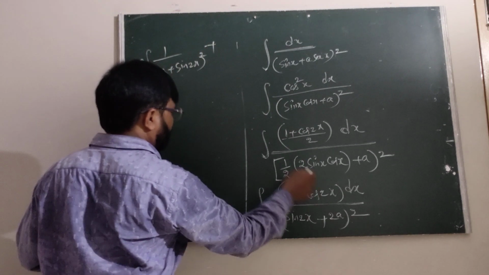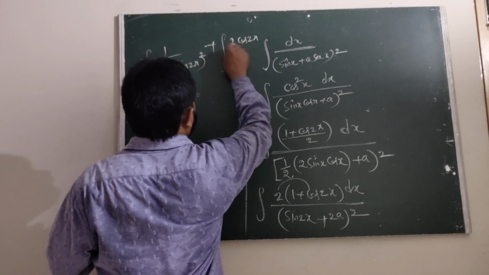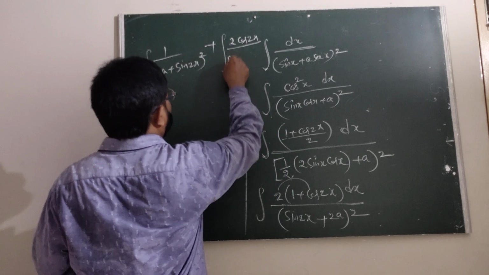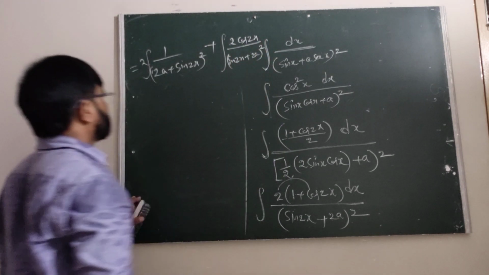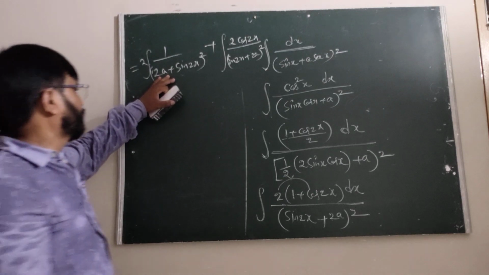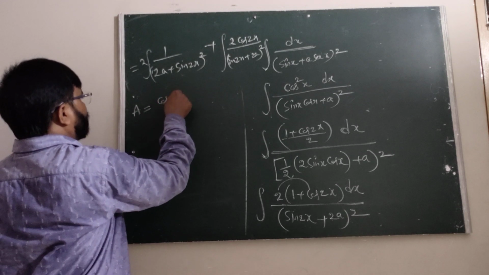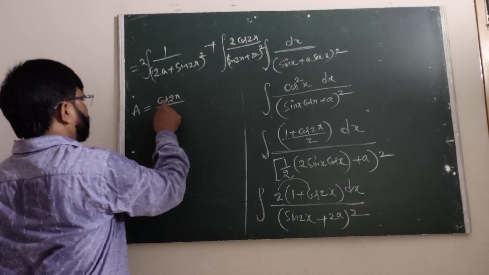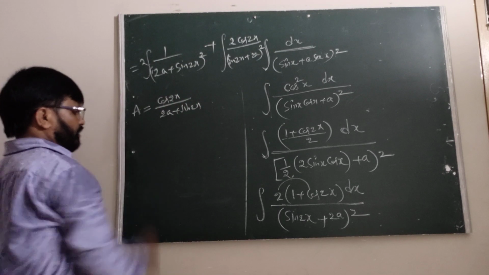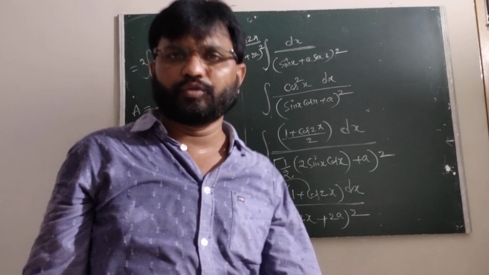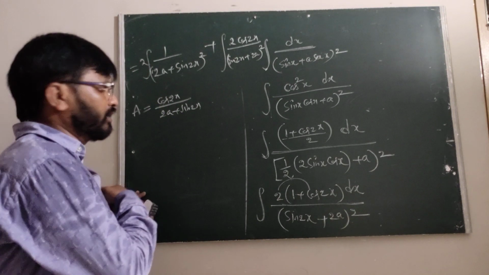The next one is 2 into cos 2x upon sin 2x plus 2a whole square. This is compared with the last question. We are taking A as cos 2x upon 2a plus sin 2x. After the differentiation, we have to compare with the above question and get the solution.